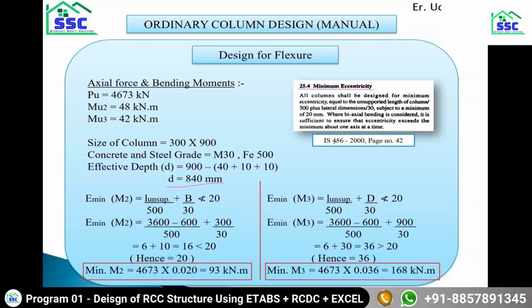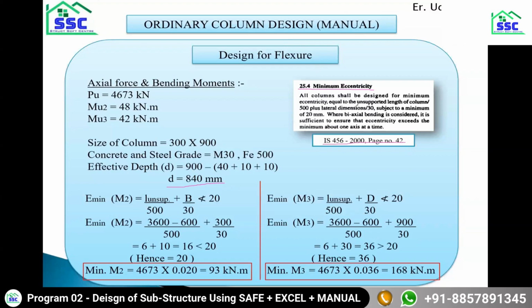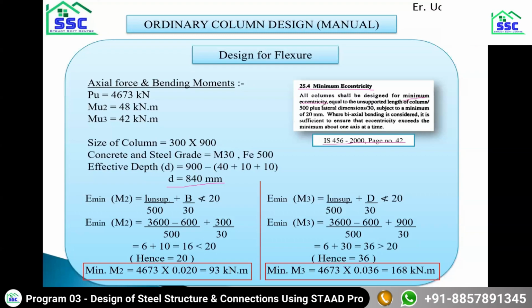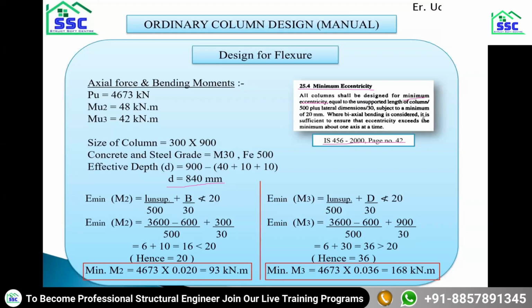If you go to IS 456-2000 page number 42, it clearly states that all columns shall be designed for minimum eccentricity equal to unsupported length of column divided by 500 plus lateral dimension divided by 30, subjected to a minimum value of 20 mm, and wherever biaxial bending is considered, it is sufficient to ensure that eccentricity exceeds the minimum about one axis at a time.